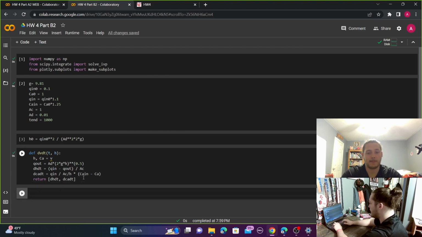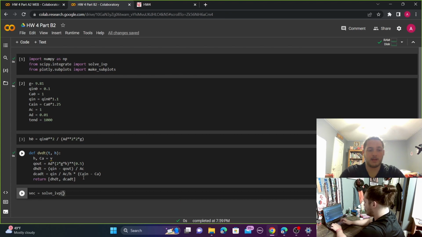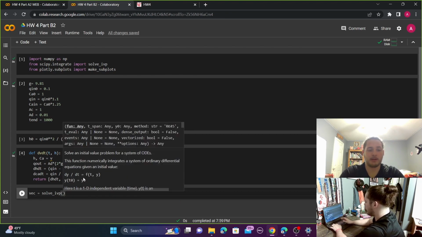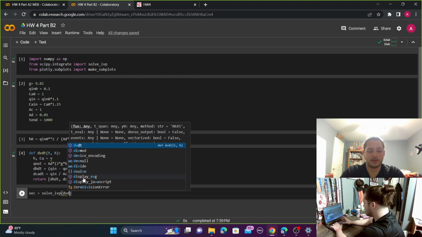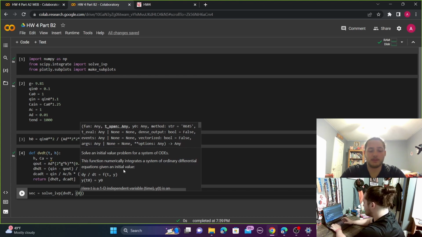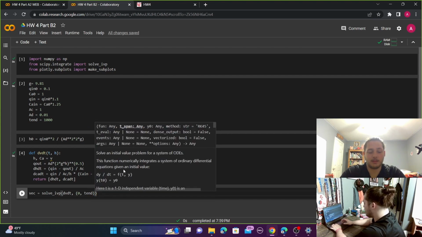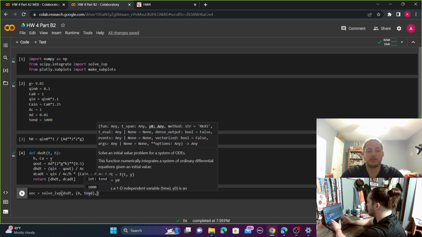Shift enter. Now we are going to want to use the solve IVP function, and to do so we are going to want to create a vector, and we can go vec is equal to solve_ivp, and here we are going to be solving our differential with respect to time, and then we are going to have a time span from 0 to what we listed before at the top, t end, and that is just for the range of our function to run from 0 to 1000.